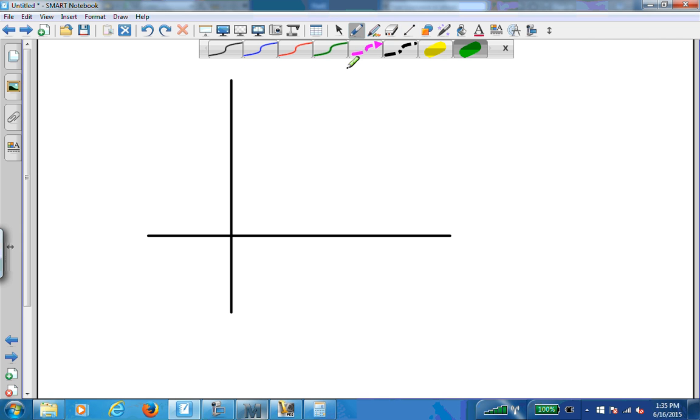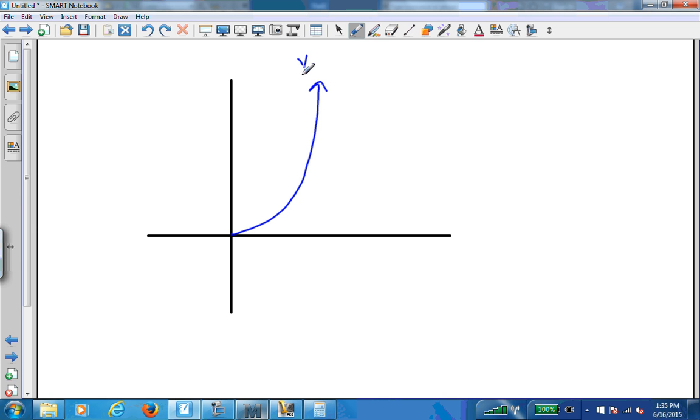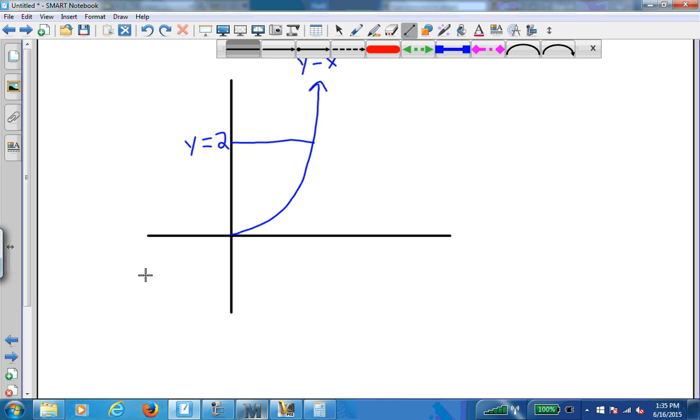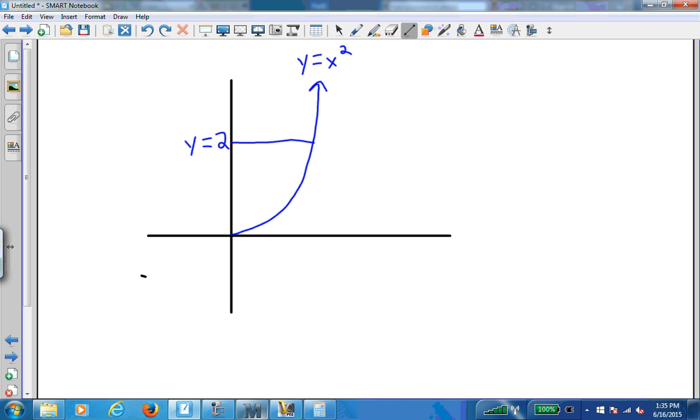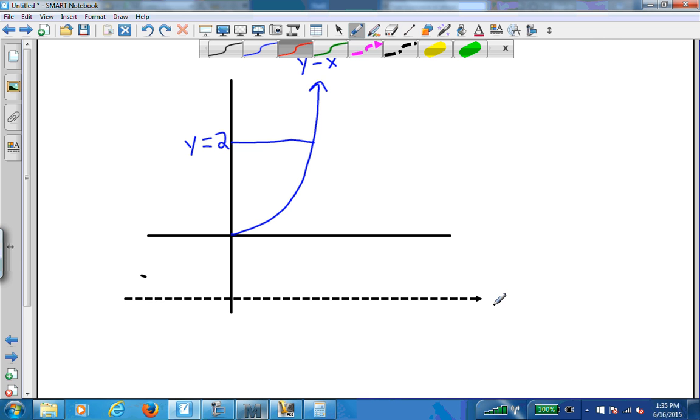So let's take y equals x squared and y equals 2, and let's rotate that around, make that a dotted line, y equals -3.